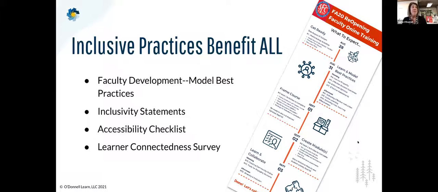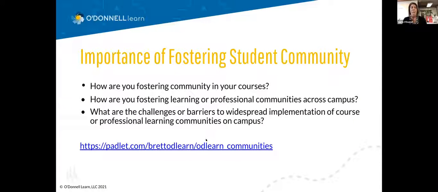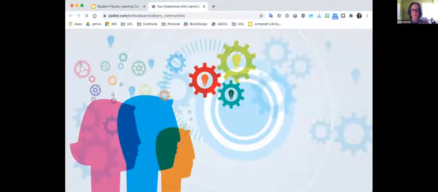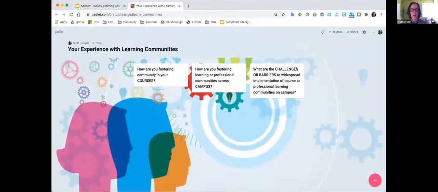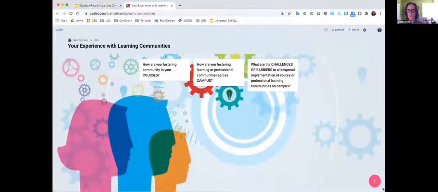But if you have any comments, we're going to do a little Padlet time. So let's talk about the importance of fostering student community, and these are the prompts that you'll see in the Padlet. If you could follow the link that Molly's provided, I'll go there as well, and let's see what you all come up with as far as your experience with learning communities. How are you fostering community in your courses?